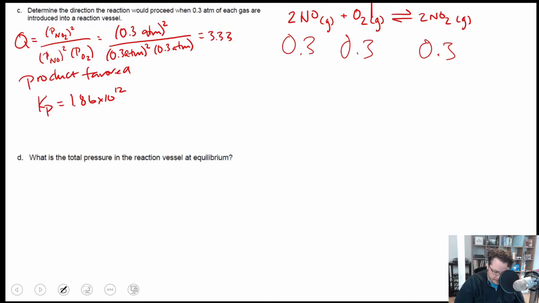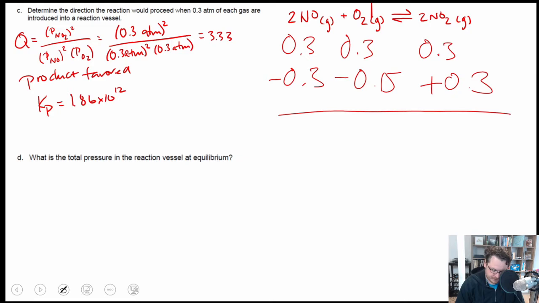And so essentially what's going to happen is, we can consider this to lose all of the 0.3 right there. We're going to lose 0.15 of the O2. But in the case of the NO2, we're going to gain 0.3. So we'll end up at the end with essentially 0 NO gas.